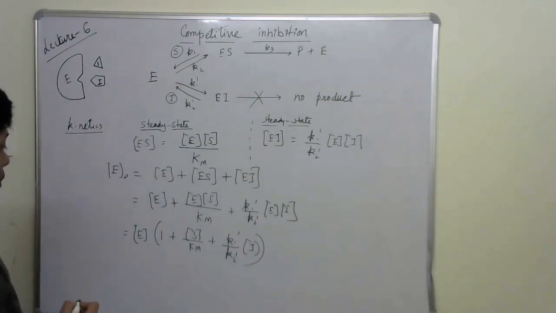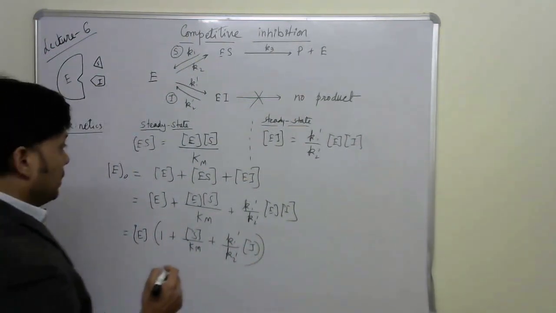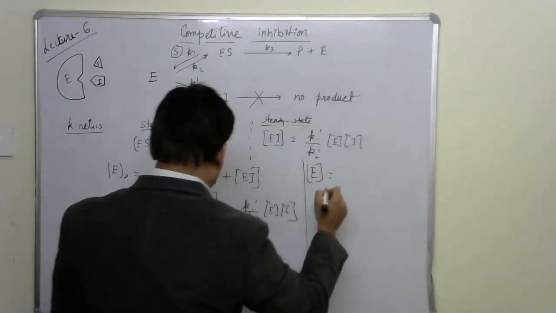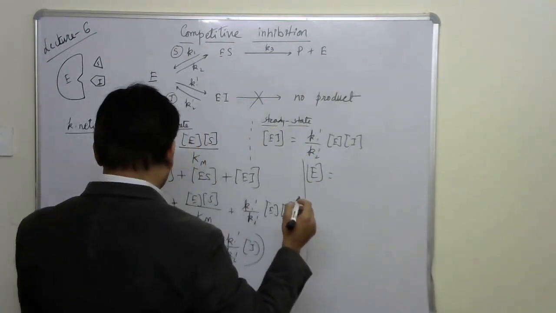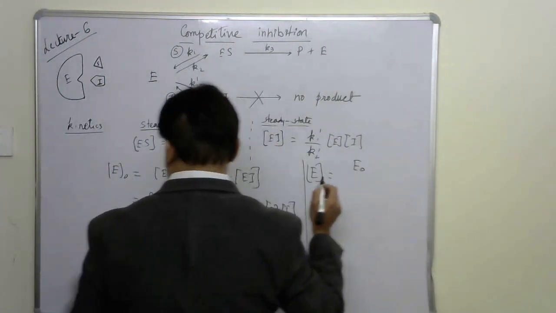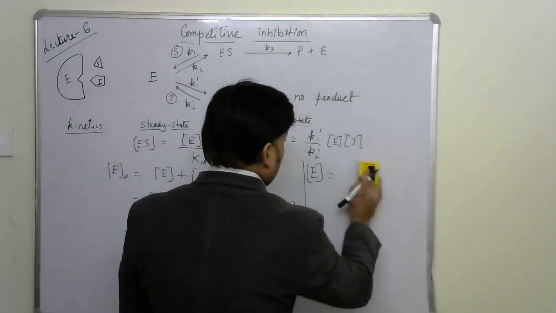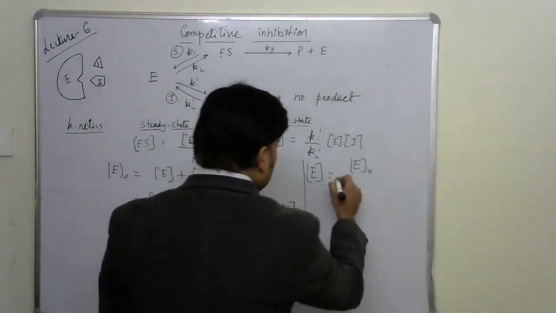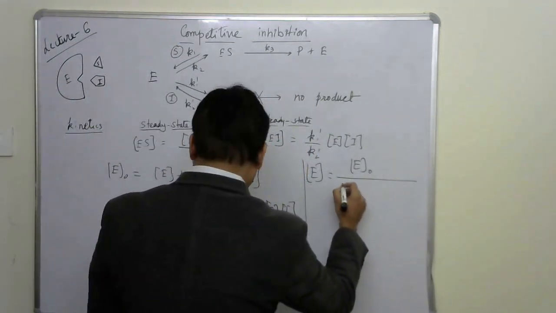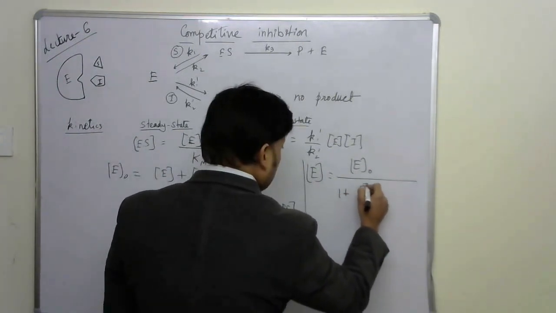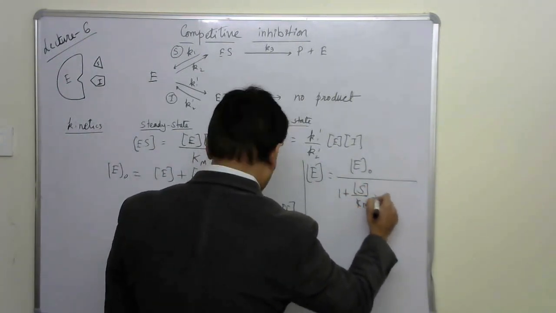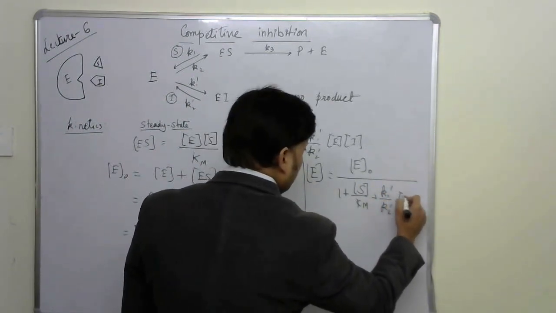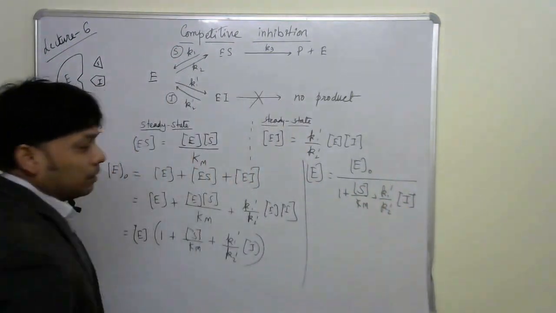Okay, so therefore from here we can easily try to find the value of E. So the value of E tells me that this is E naught, as you can see over here, this is E naught divided by 1 plus S divided by Km plus K1 prime divided by K2 prime multiplied by the inhibitor concentration.